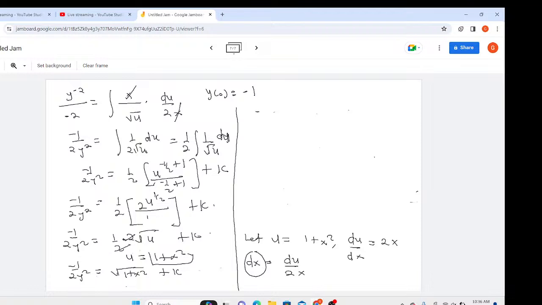So negative 1 over 2y squared is equal to root of 1 plus x squared plus k.